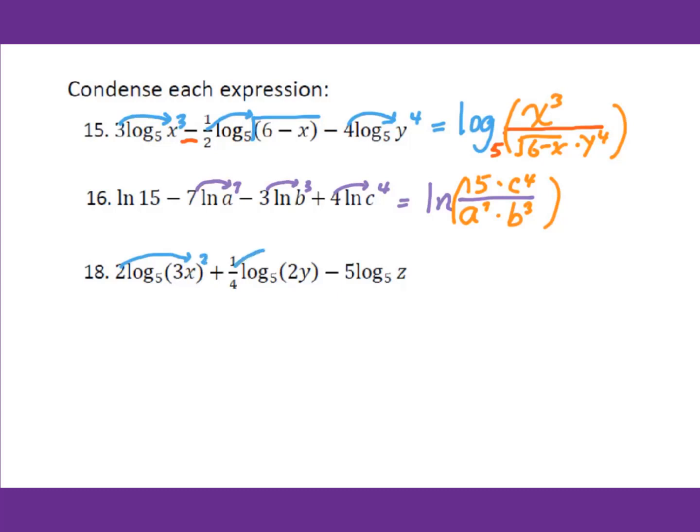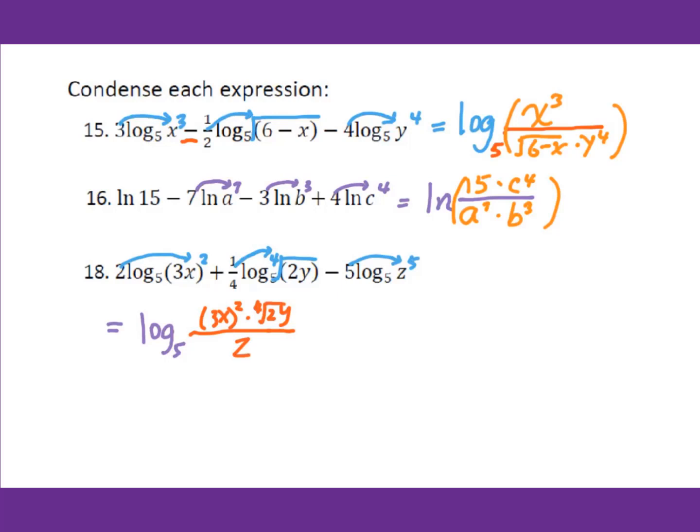For number 18, 2 jumps at the 3x squared. 1 over 4 jumps at the 4th root of 2y. 5 we jump at the 5th power. Then we got log base 5. We have a division line. Positive goes to the top. Therefore, we got 3x squared times the 4th root of 2y.